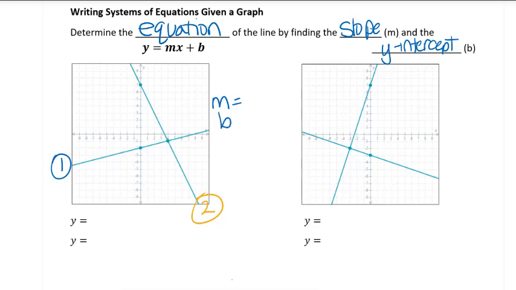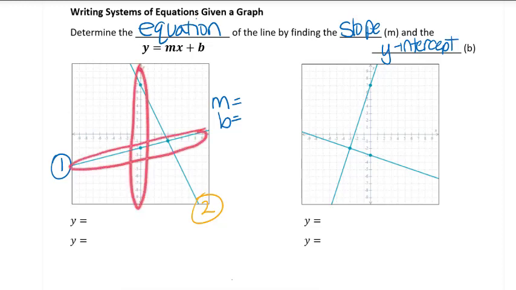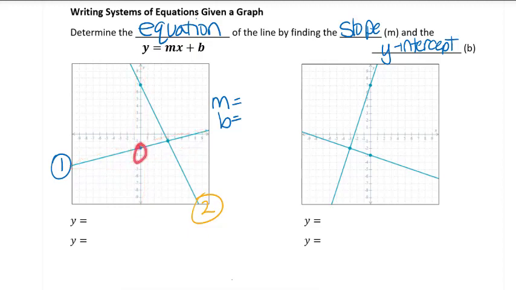Okay, so we need to find the slope and the y-intercept for the graph of line 1. And I always find it easiest to find the y-intercept first. So where does this line cross the y-axis? It crosses right here at that point, which is -2. So we're just going to keep track of that off to the side.